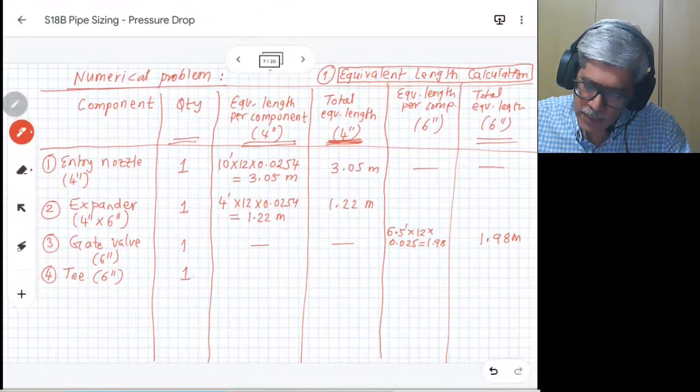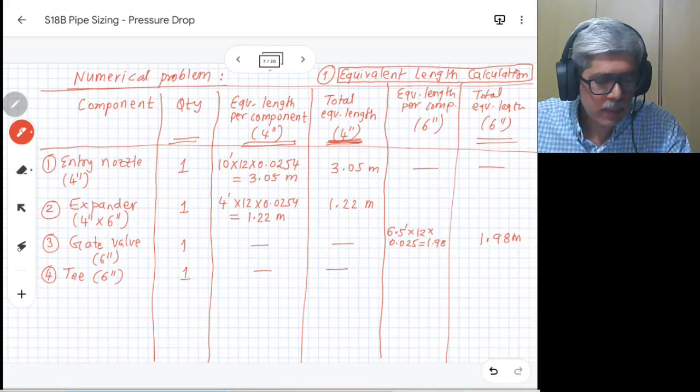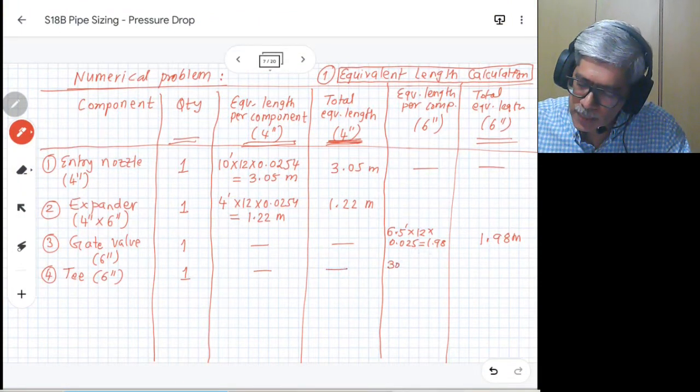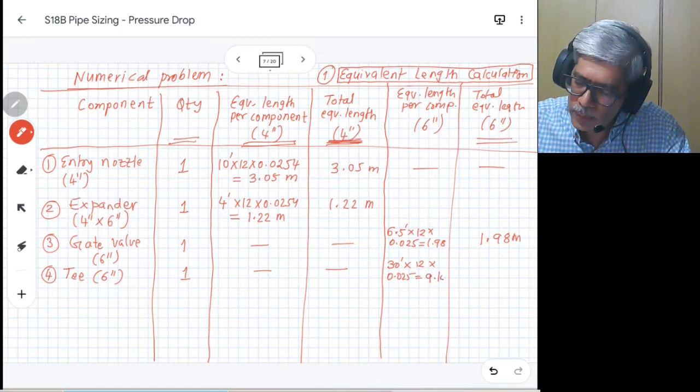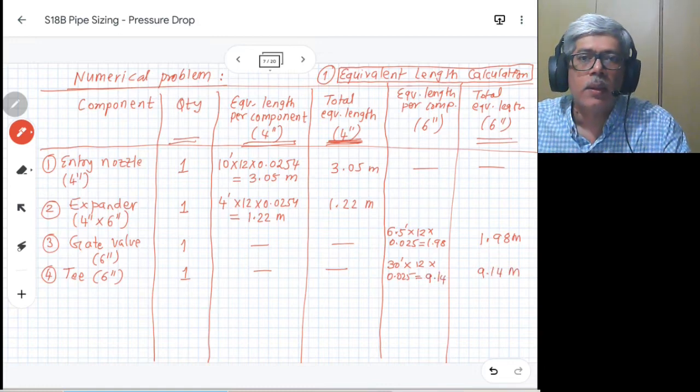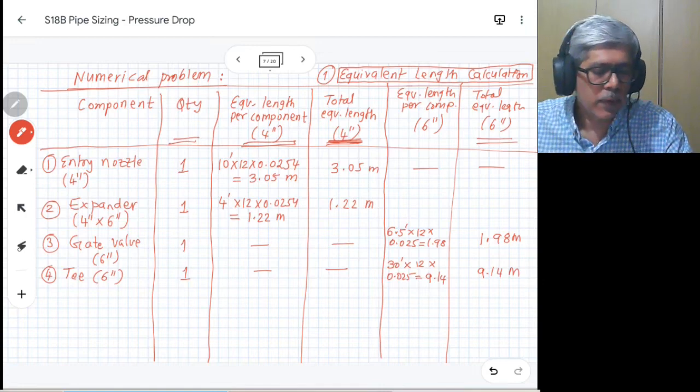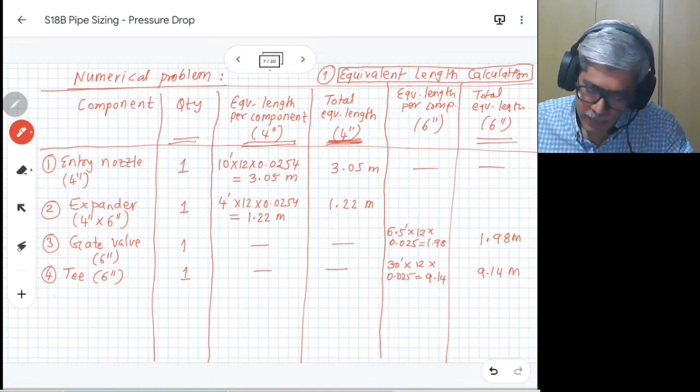So for the T, which is 1 in number, the equivalent length is 30 feet, which corresponds to 9.14 meters. So we have taken into account the T.